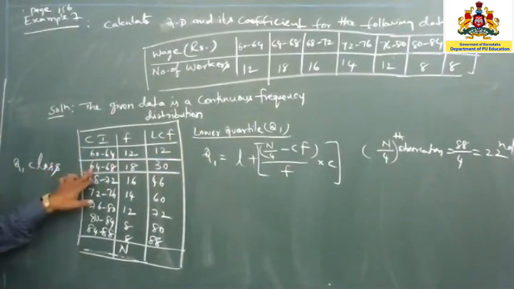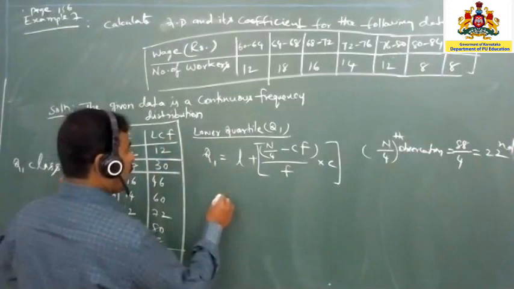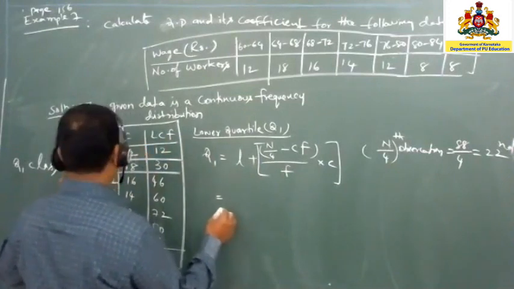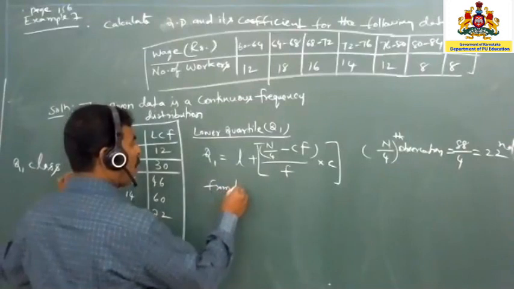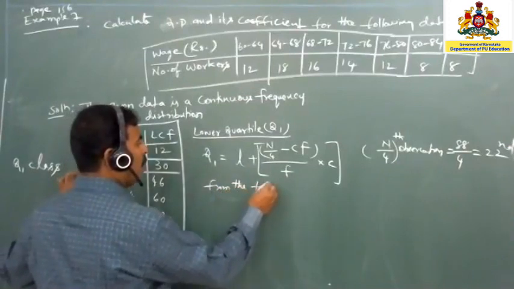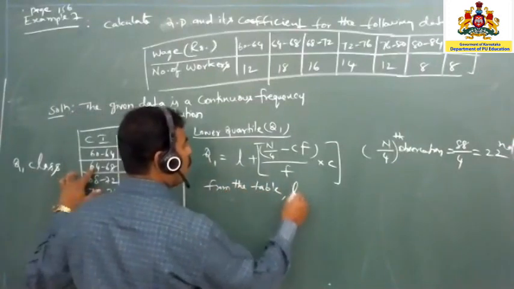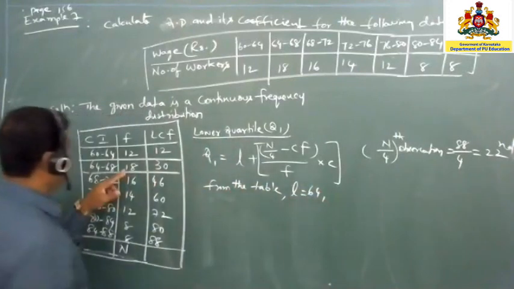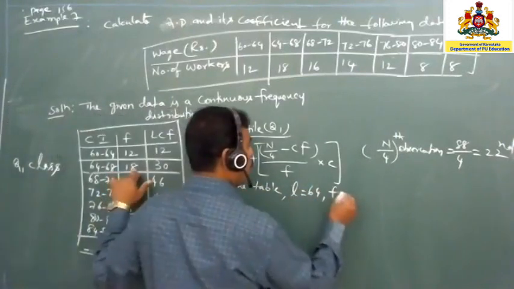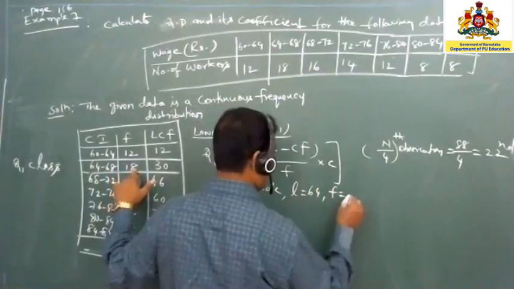From the table, L equals 64, F equals the frequency of the Q1 class, 18.